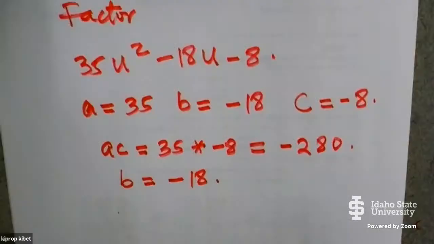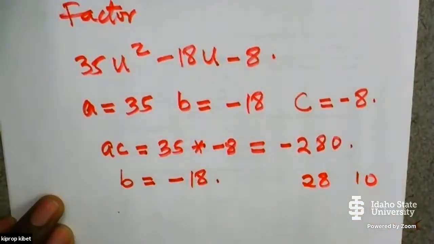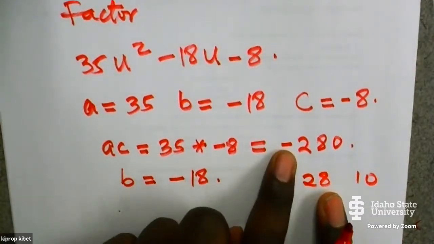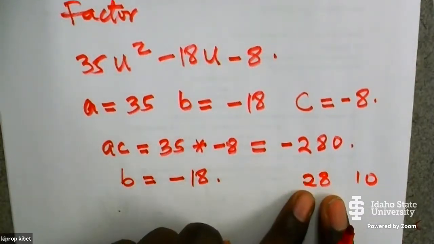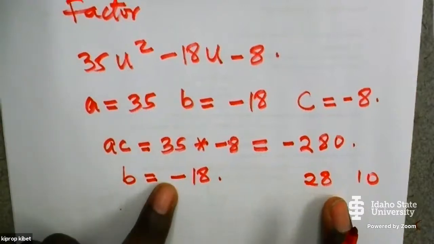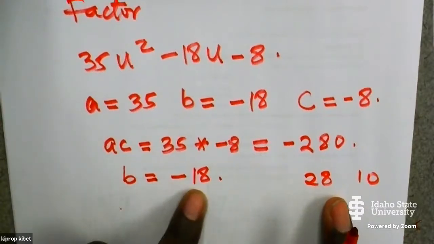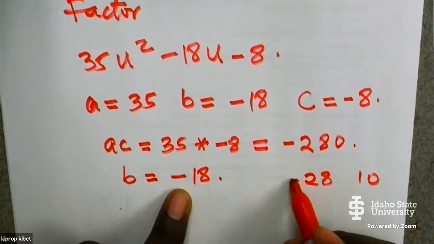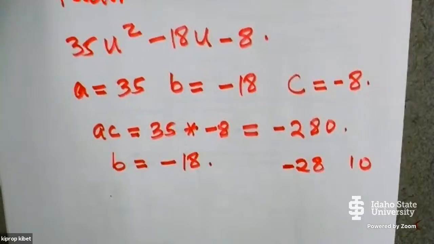Okay, so if we take 28 and 10, we need to get negative 280, so that means one of them is negative. And then we need to get negative 18, so the largest, 28, is the one which is negative.